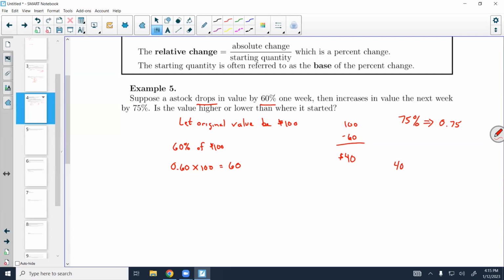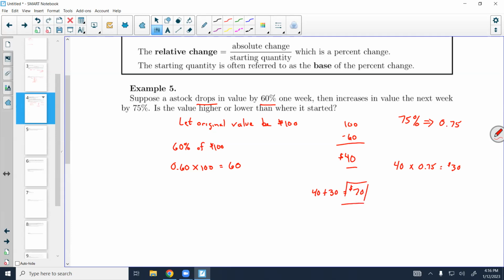And we want 75% of 40, which gives us 30. And that's the increase, right? There's a $30 increase. So the new price is this 40 plus 30, which is $70. So that's the new price.